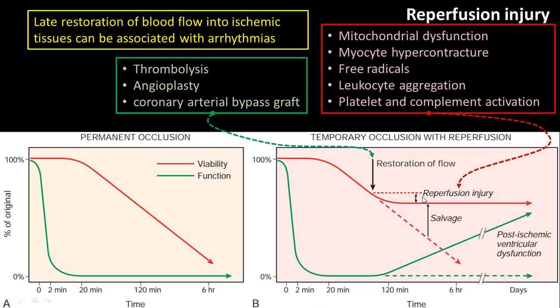So you see, if there was no reperfusion injury, then this dotted line here, you see my mouse pointer here? Okay. So at this point, reperfusion is established at this arrowhead point. Now, if there was no reperfusion injury, the contractility or the function of the myocardium would remain at this point.